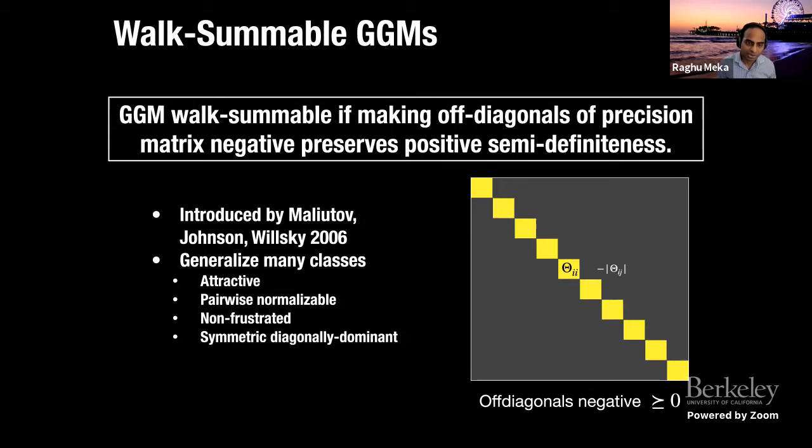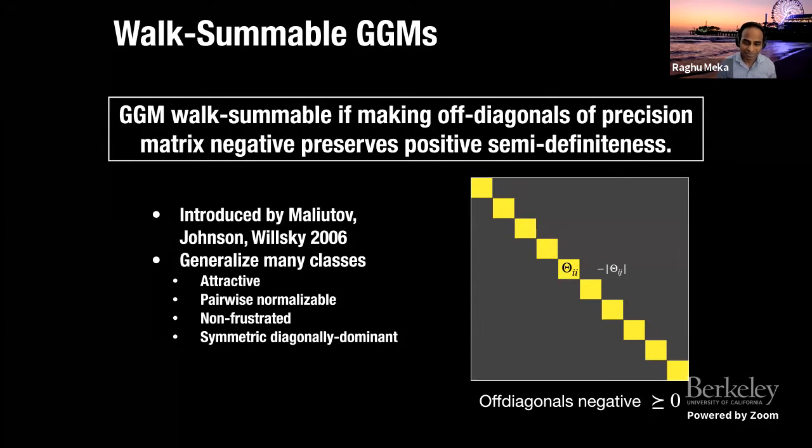And these were introduced by Malioutov, Johnson, and Willsky in 2006. And these generalize many classes of models like attractive GGMs. If a model is attractive, all the off-diagonals are negative, so doing this operation doesn't change it, so you remain positive semi-definite. There are things called pairwise normalizable models, which also arise from statistical physics. They are walk-summable.